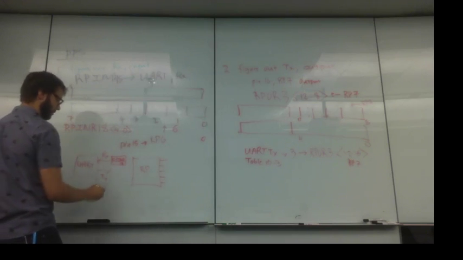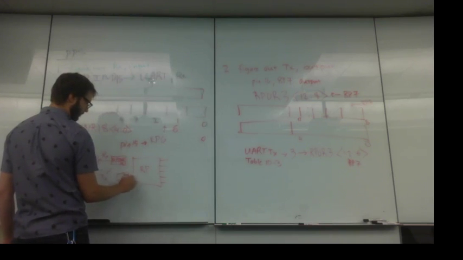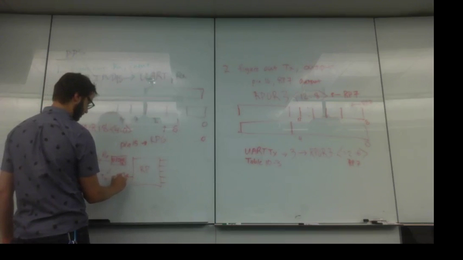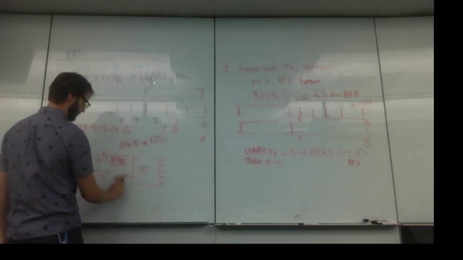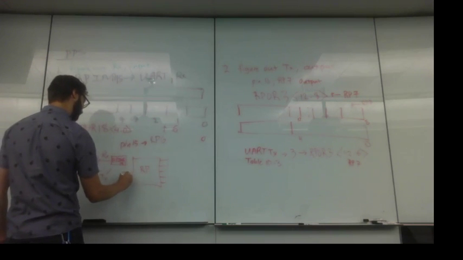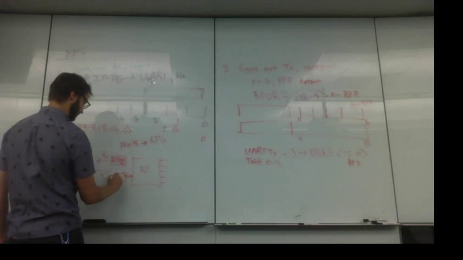And for the transmit, for the output here, each pin kind of has its own port. This is way too small, sorry. I'm just going to draw a little box here. R4.